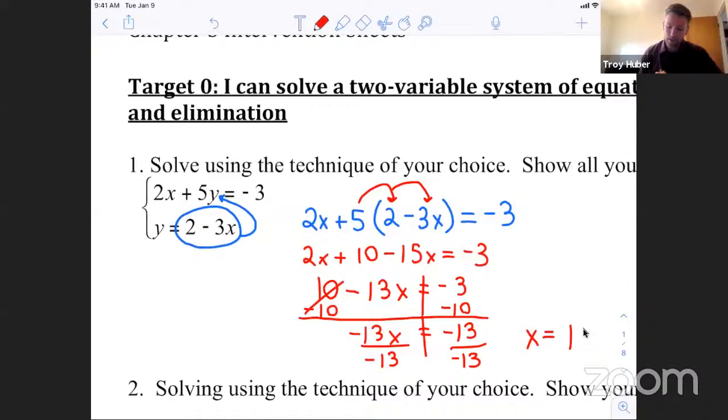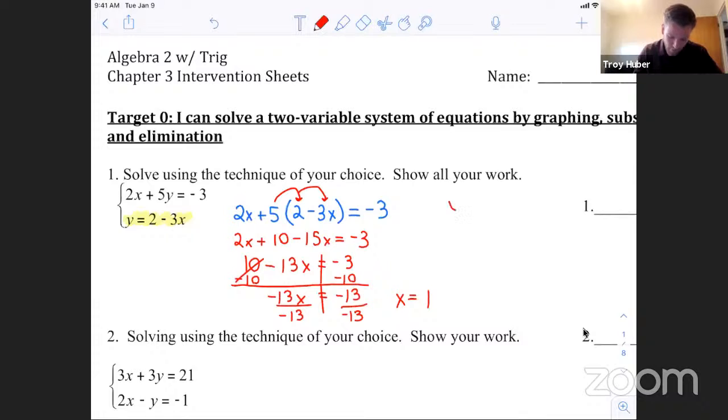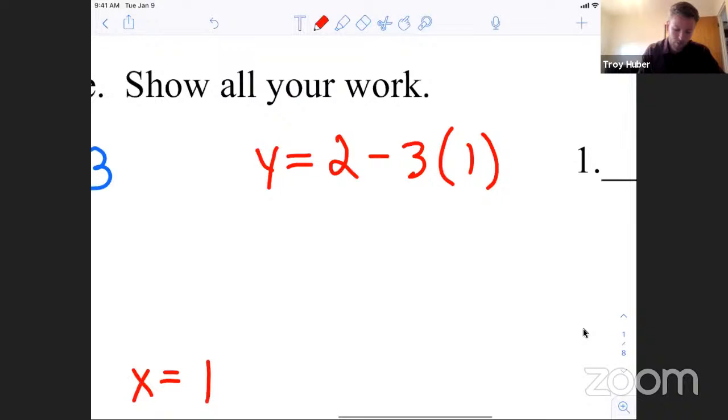We have to plug that x is equal to 1 into either one of these equations. I'm going to use this bottom equation right here. So y is equal to 2 minus 3 times x. Well, we just said x is 1. So now I have y is equal to 2 minus 3 times 1, which is just 3, or you could say plus negative 3, doesn't matter.